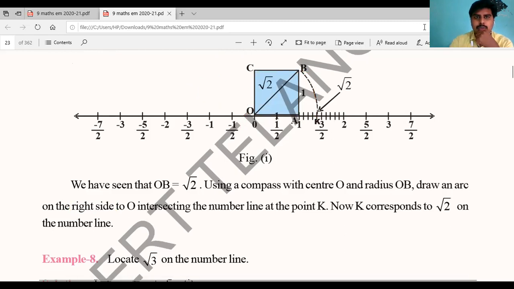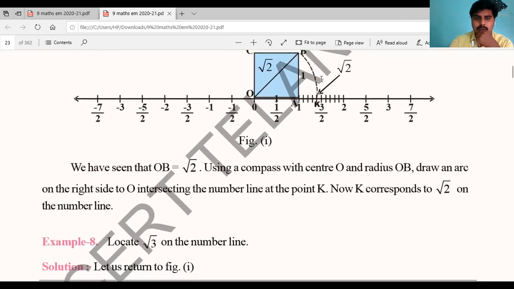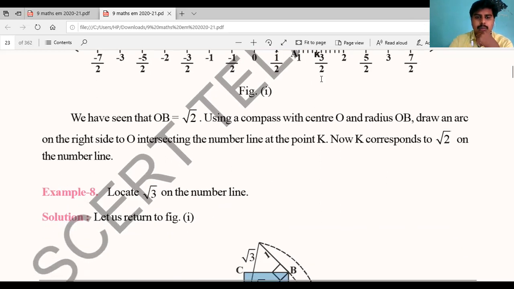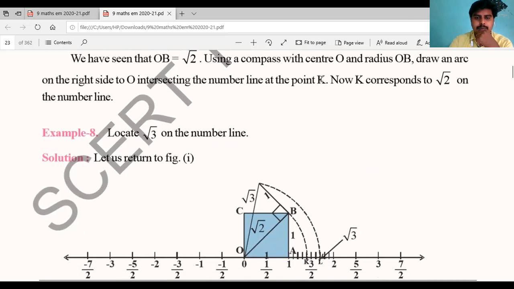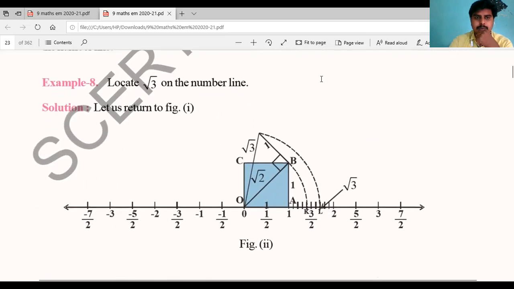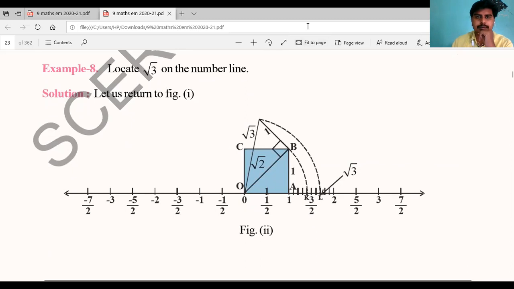Coming to root 3 on the number line. Yes, Nana. Now you already understood about this root 2, right? So just the same thing. Draw a square which is of unit length.